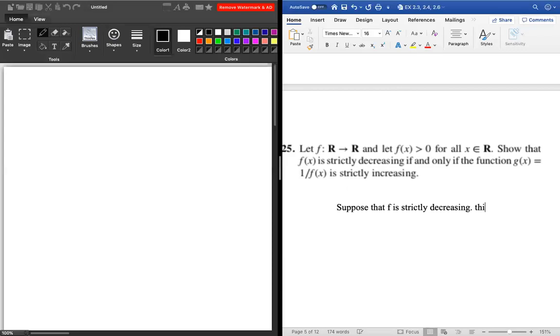So this means that f of x is greater than f of y whenever x is less than y. So when x is greater than y, f of x is also going to be greater than f of y.